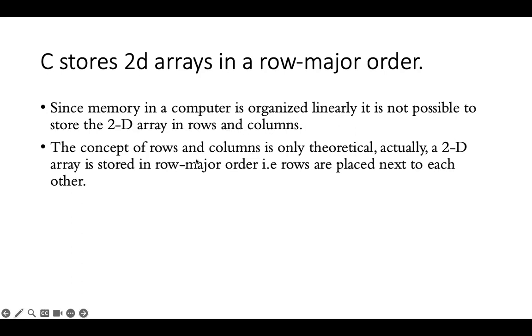So the concept of rows and columns is only theoretical. We visualize it like that so it will be easier to understand the concept of arrays. But in reality, a 2D array is stored in row major order. That means that the rows are placed next to each other.